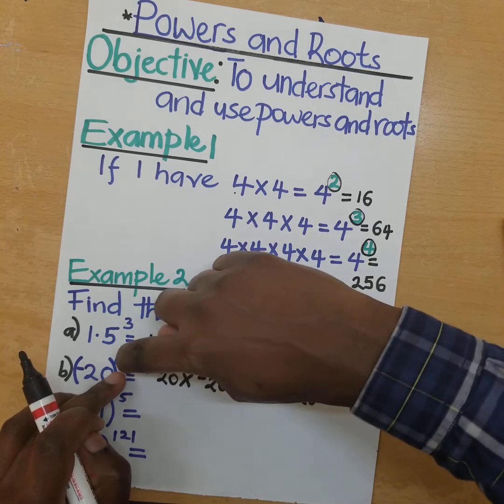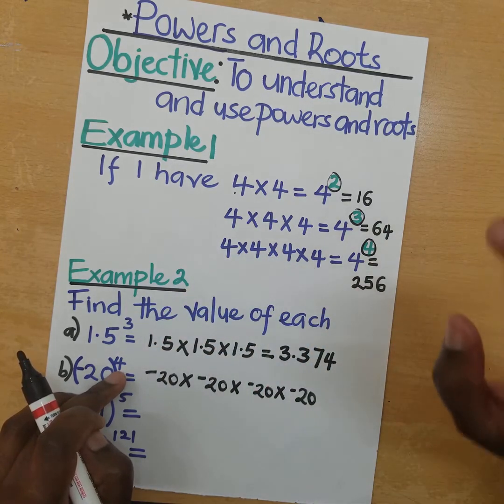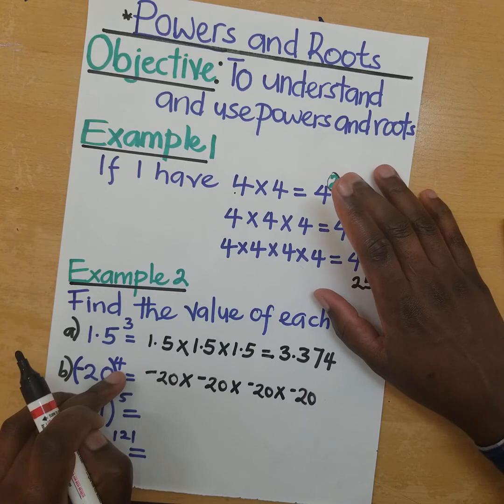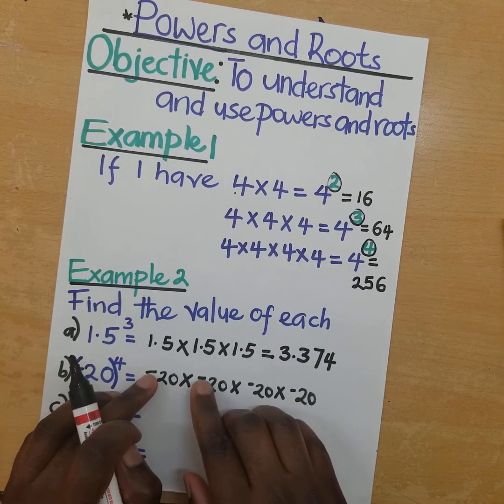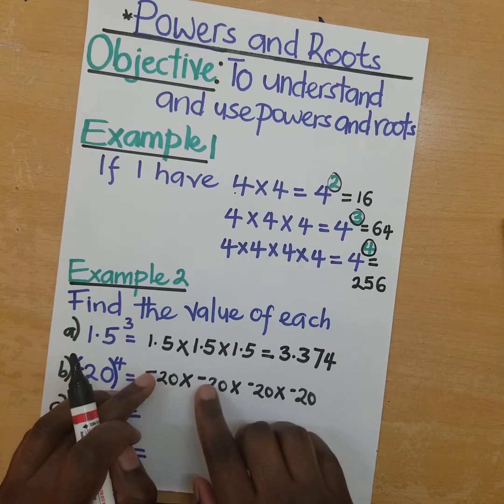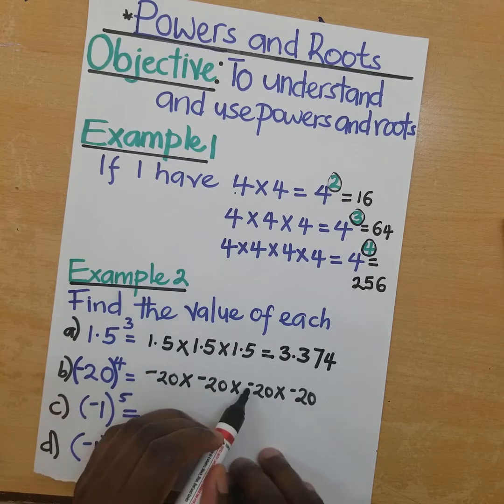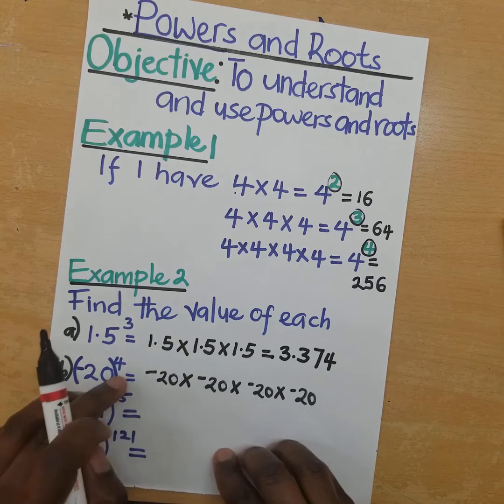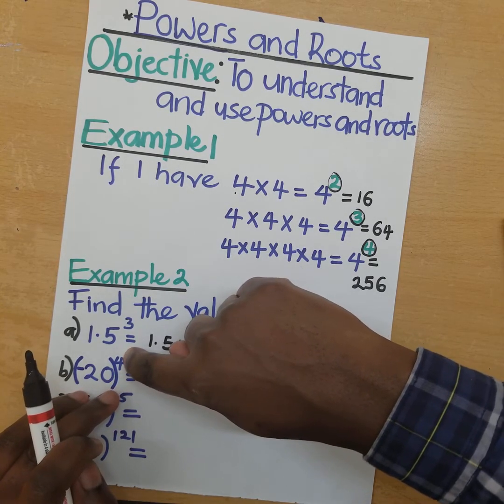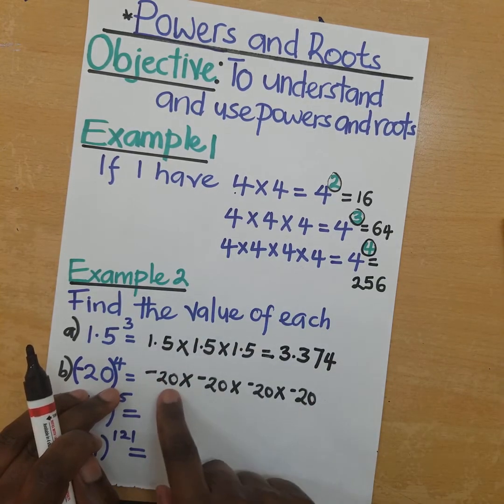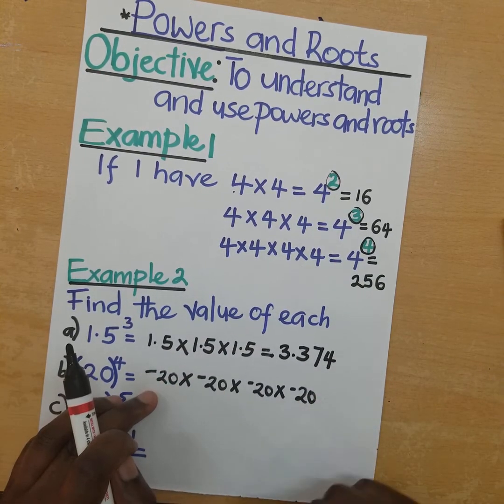If the power is even, the answer will obviously be a positive. Okay? Because these negatives will cancel. If I multiply this by this, I'll get a positive. This and this will be a positive. This and this will be a positive. So always, if you see an even number as a power, even if you have a negative, the answer should be a positive.